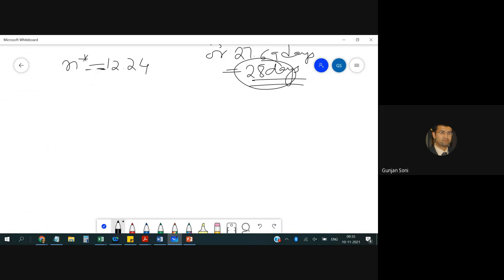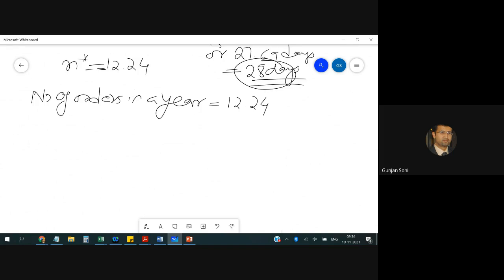Number of orders in a year is 12.24, you know? And so the time difference between the two orders would be just like earlier what we were doing.